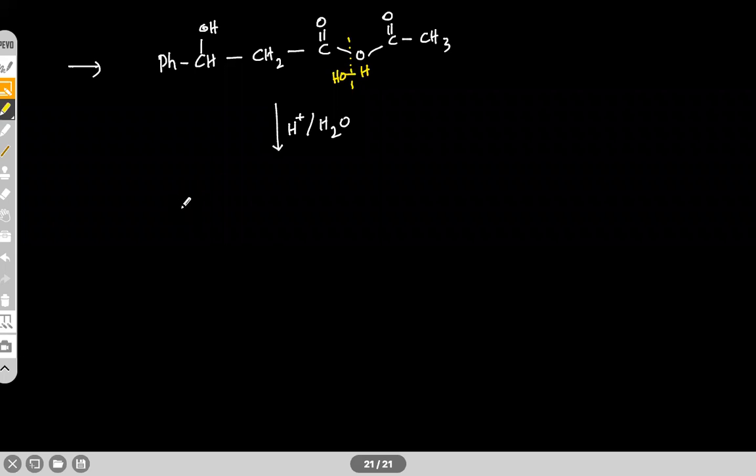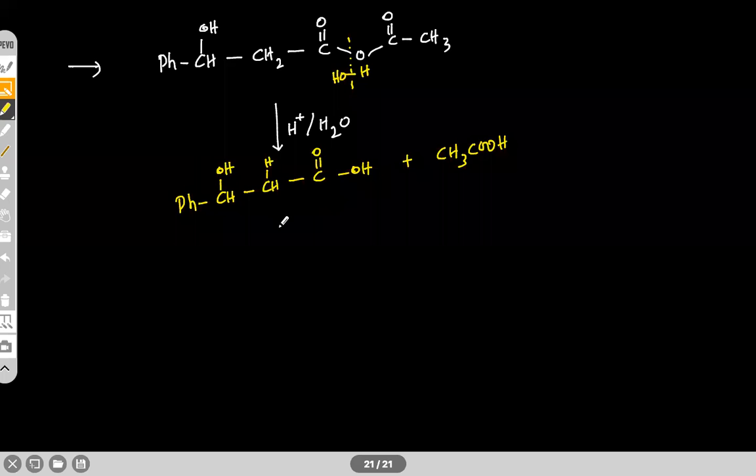So the product here is Ph CHOH CH2 C double bond O OH plus CH3COOH. Okay, and then we are heating it. So it is beta hydroxy we have. So this H2O goes out.